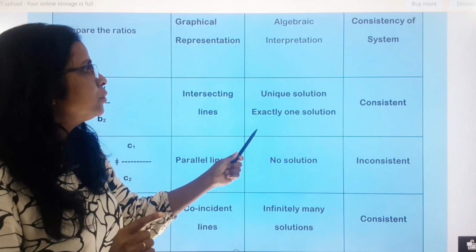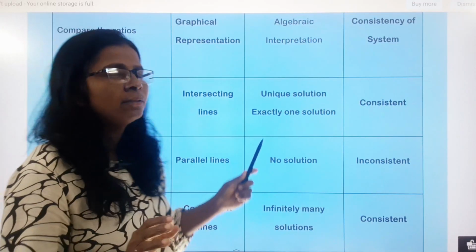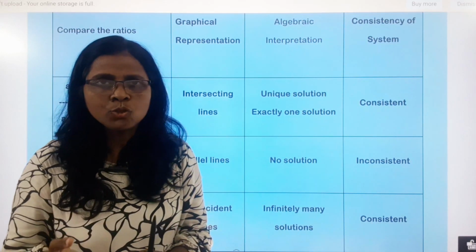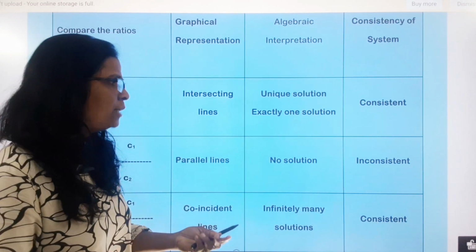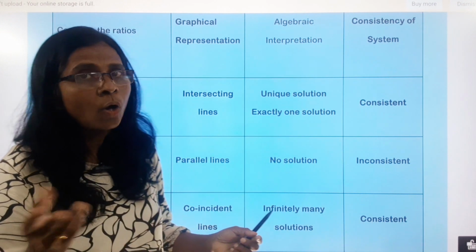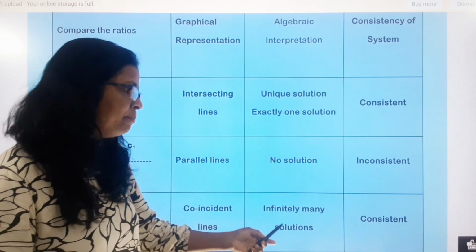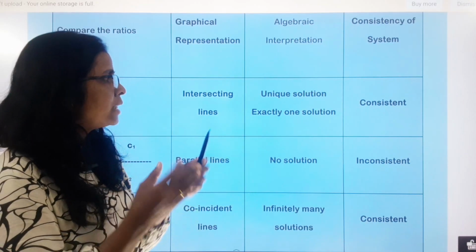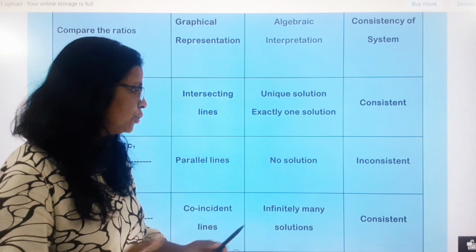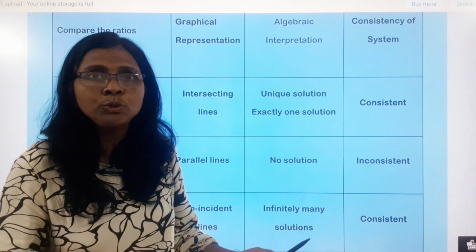In this column, we say that we get exactly one solution, that means a unique solution, or no solution, or infinitely many solutions.